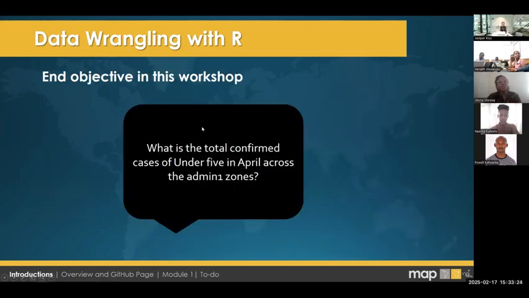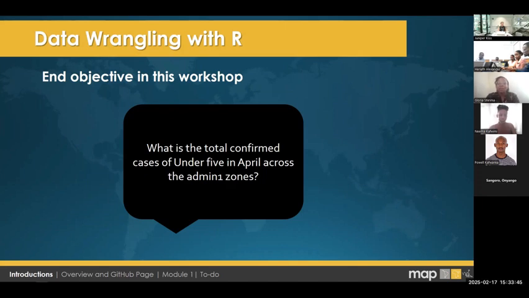And at the end of this workshop, as we're doing all this coding, we have this routine data which gives the number of people who were tested and who were confirmed with malaria cases. We have the data for over 5 and under 5, and we have it at different admin 1 and admin 2.